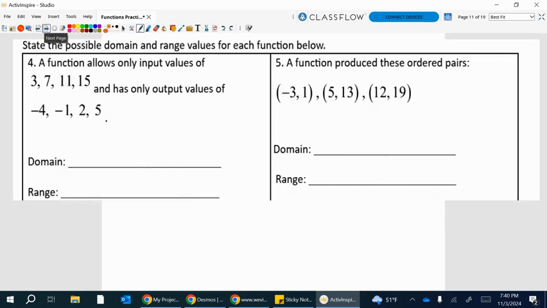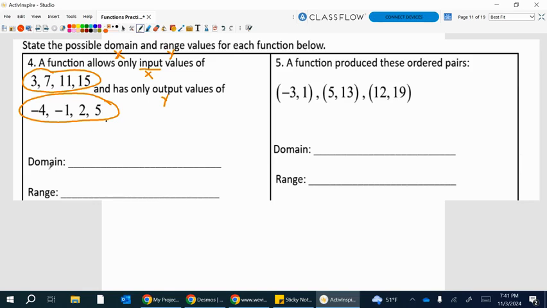Next section says state the possible domain and range values for each function below. So this looks complicated, but it's not. We know that domain is x and range is y. So a function allows only input. We also know that input is x, and this is our input, and only has output y values of these numbers.